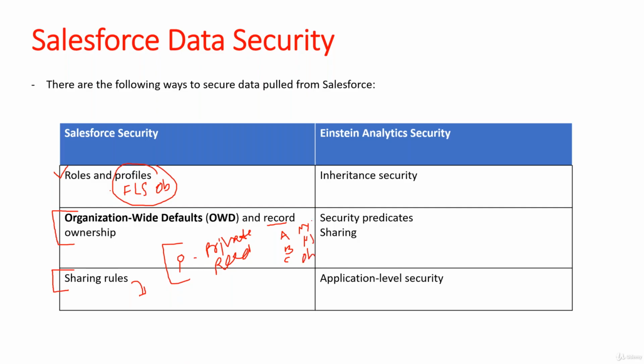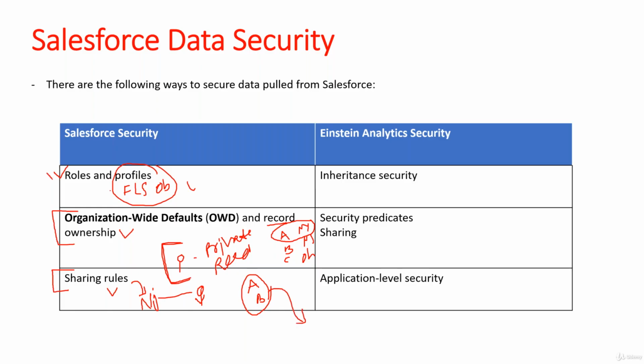I can see only the account with city as New York, because of my OWD and profile access. Now, if I write another sharing rule so that any account with city as New Jersey is also accessible by me, then based on OWD, the sharing rule, and the profile, I can see two accounts, A and B. So when I want to load data into my Einstein dataset, I can load both.